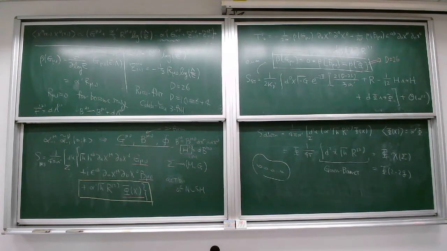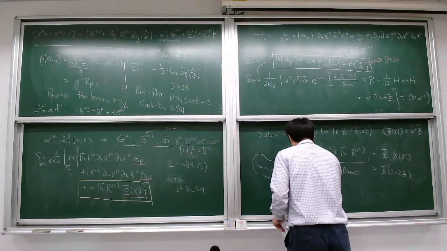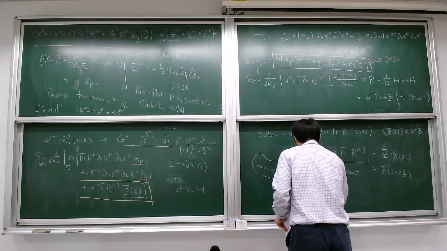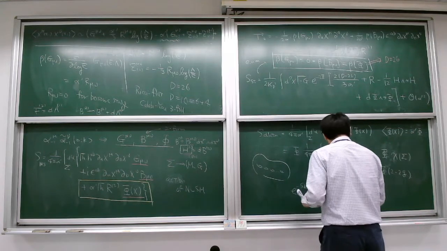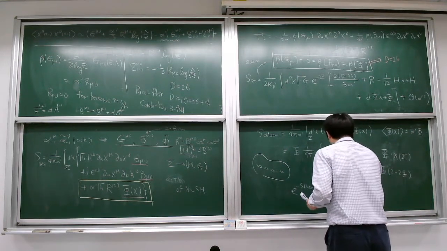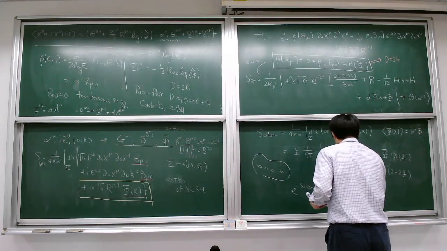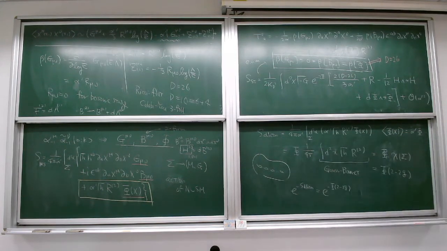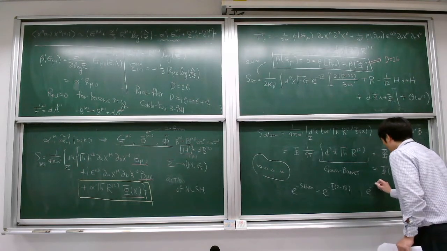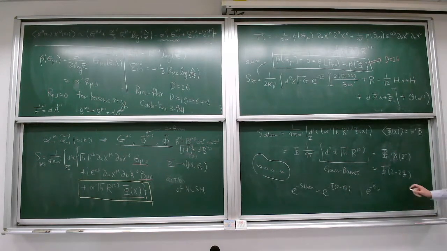So therefore, e to the minus S dilaton at low energy, what you will get is e to the minus phi times 2 minus 2g. So that's what you get from the dilaton action. This will give you the interpretation that e to the phi can be understood as the string coupling constant, for the following reason.